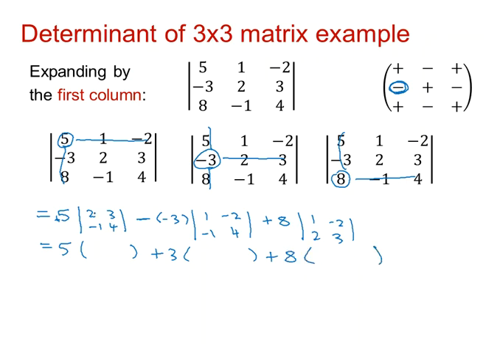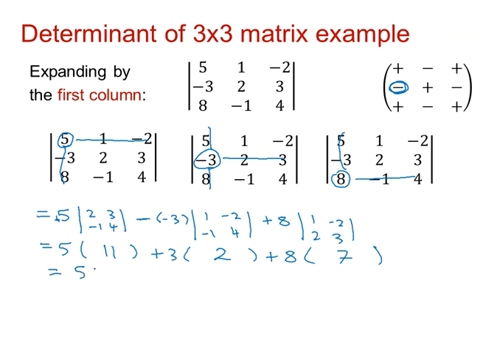So this minor is 8 minus 3, which is 11. This one is 4 minus 2, so that's a 2, and this one is 3 minus 4, which is 7.